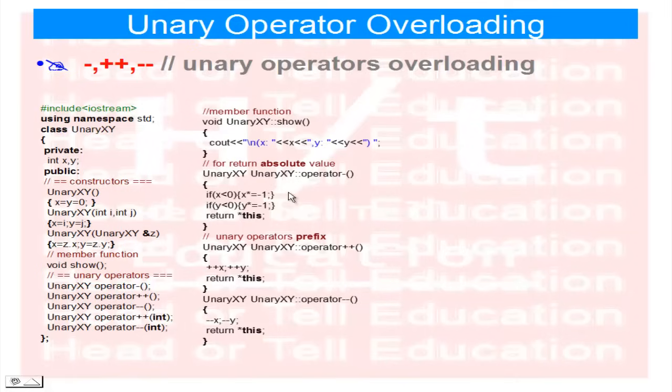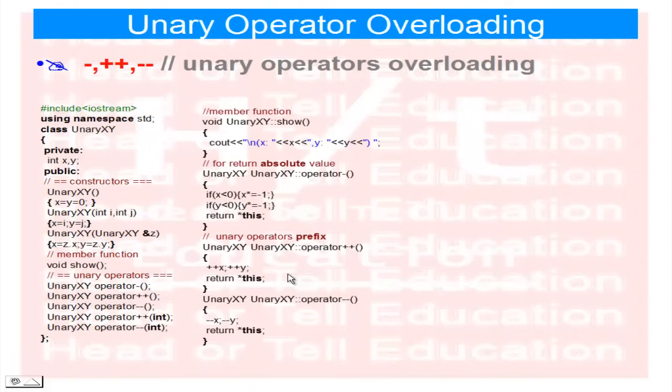In the brackets we first check if x is less than 0, then multiply by minus 1. If y is less than 0, then multiply by minus 1 and return this. This is a pointer to the current object, so it returns the class object again. So this is the unary operator for absolute value.